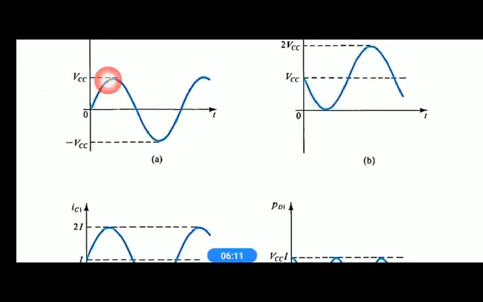As VCE keeps decreasing, the voltage across VCE becomes completely zero, with no further decrease.